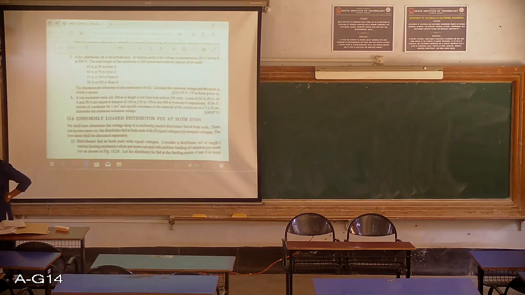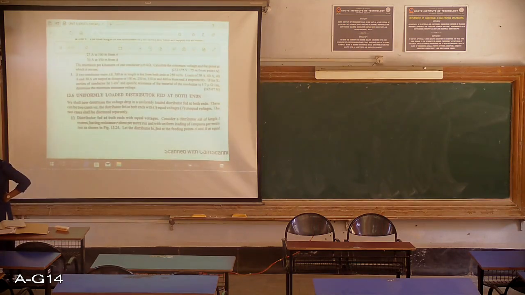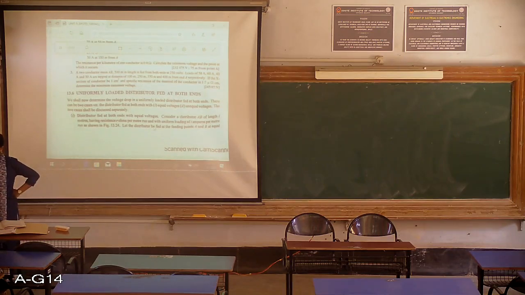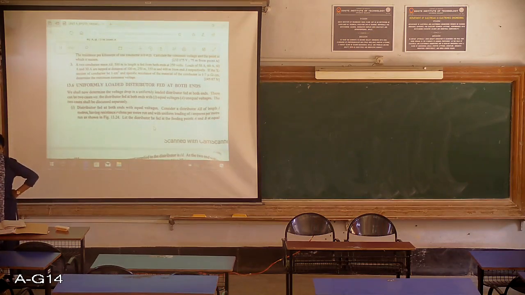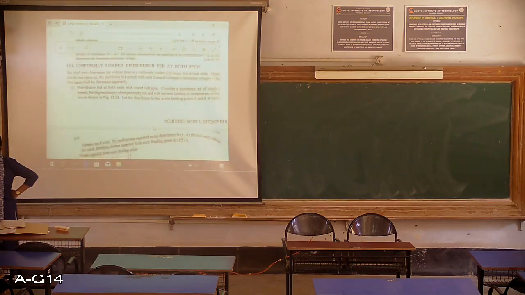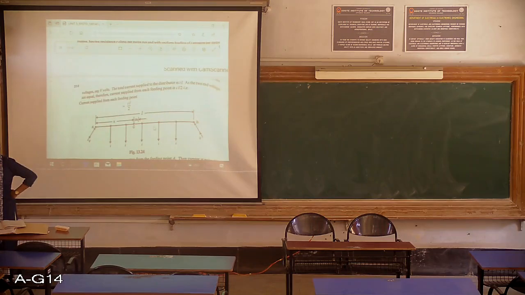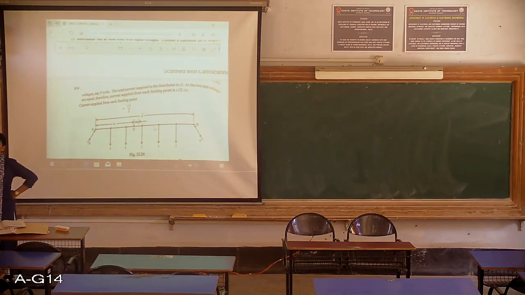Okay, now see, this is the third case: uniformly loaded distributor fed at both ends. This is again with equal voltages and with unequal voltages. In the earlier case it was concentrated loading, now it is uniform loading.